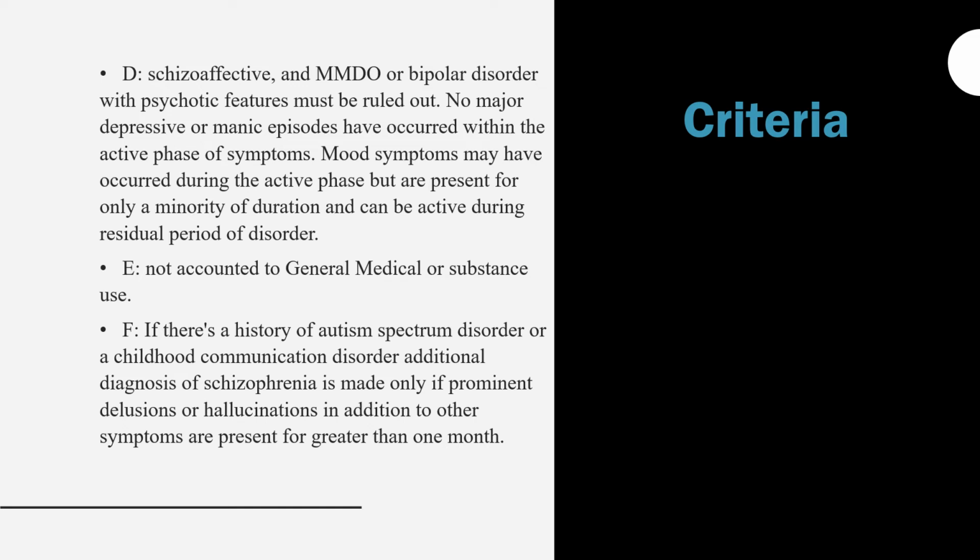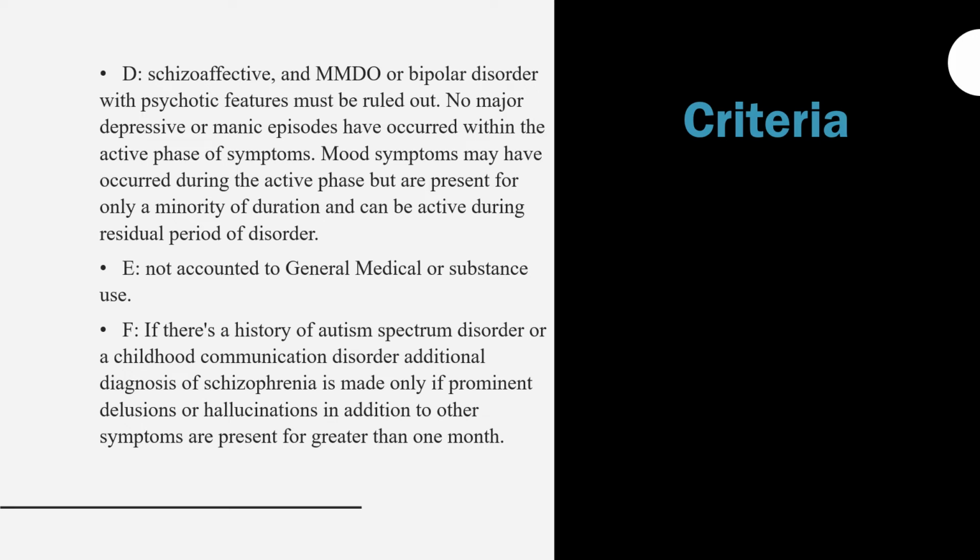And the next set of criteria of the conclusion would be D, E, and F. It's important to recognize schizoaffective as well as major depressive disorder and bipolar disorder with psychotic features must be ruled out. They cannot be involved.